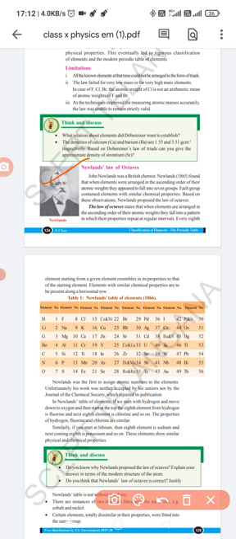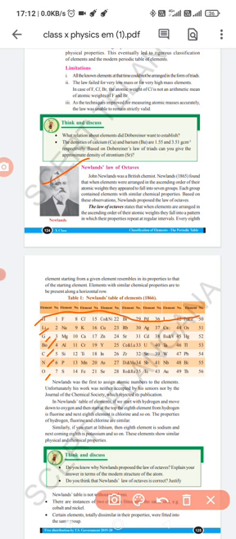Newlands prepared his table. In his table, he has 7 groups, that is 1, 2, 3, 4, 5, 6, 7. These are all 7 groups horizontally. If you see here, this is one group, second group, third group horizontally.